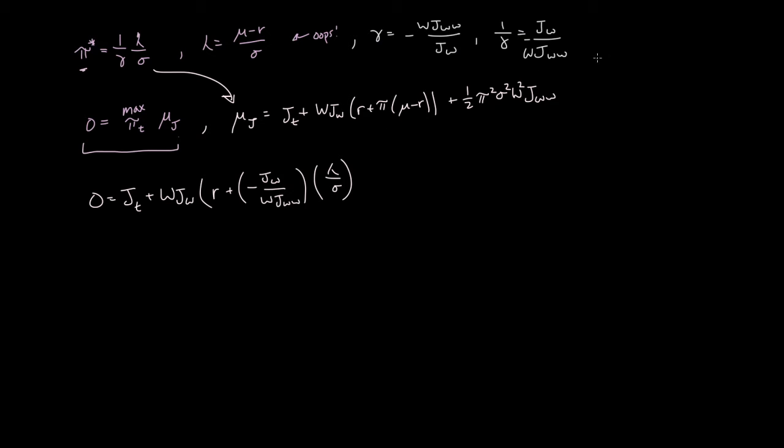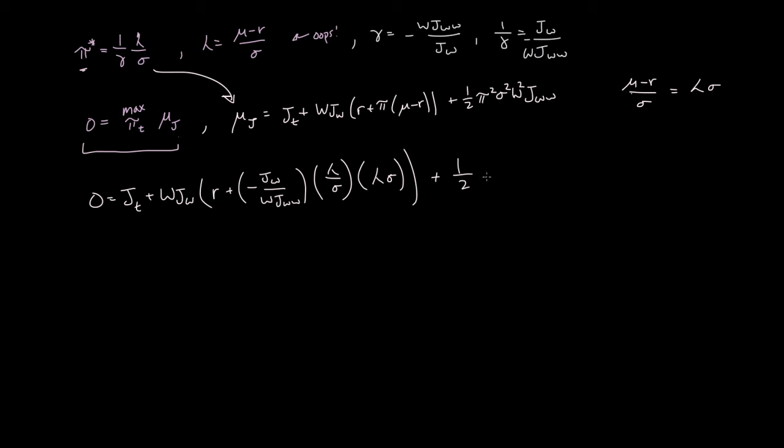Now this is times mu minus r, and if we had another sigma, we would have lambda, right? But lambda sigma actually equals mu minus r. So let's replace mu minus r with lambda sigma. Okay, and that's that first term.